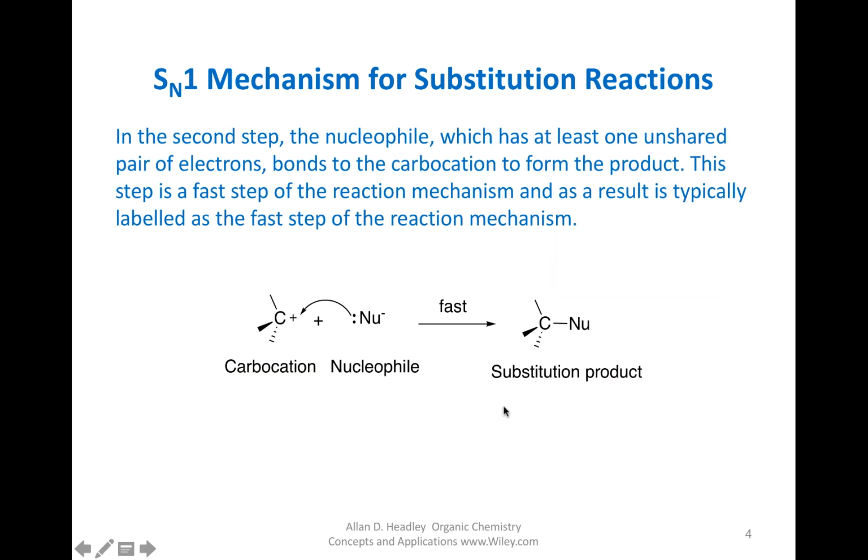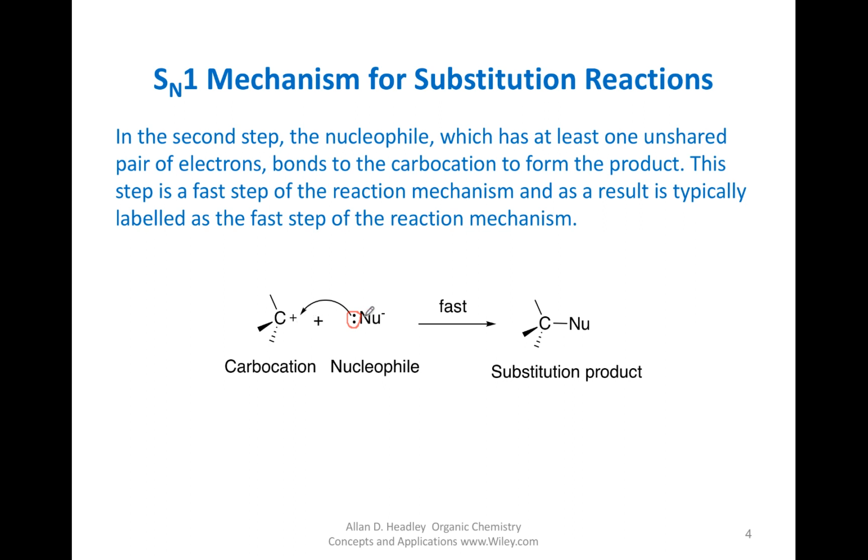In a second step, as shown here, the nucleophile, which has a pair of electrons and is negative, of course, because they are electrons, bonds to the positive carbocation.